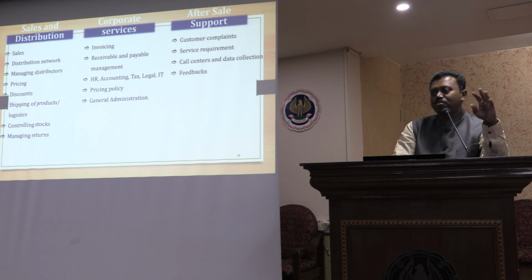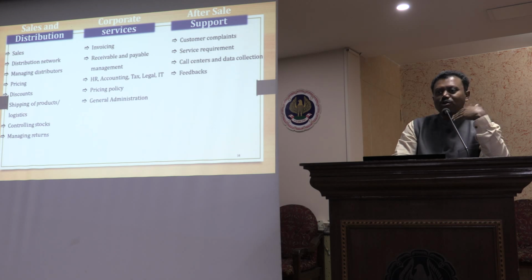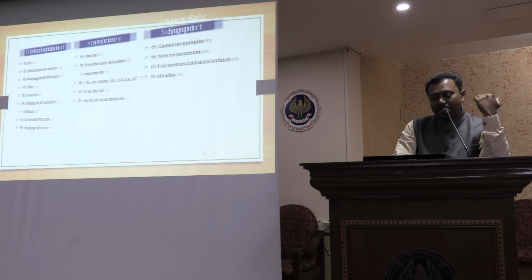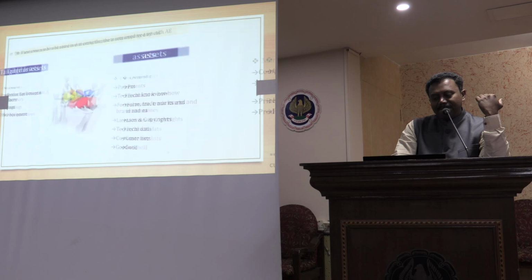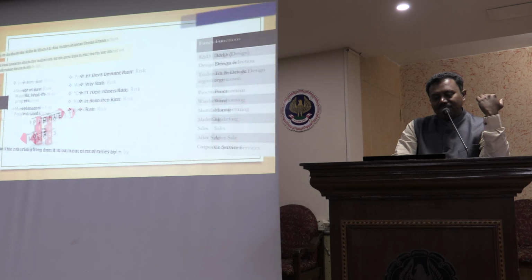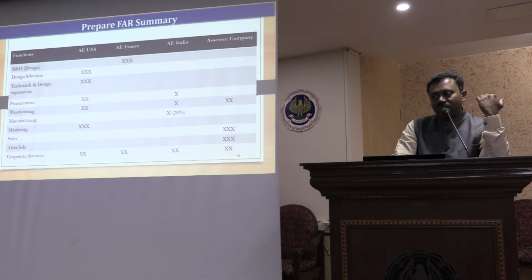You probably are collecting more data than what you normally do. We prepare a FAR summary and will tell R&D what is there, that is the place where we do that. In US we don't do, India we don't do, in France they are doing, right.